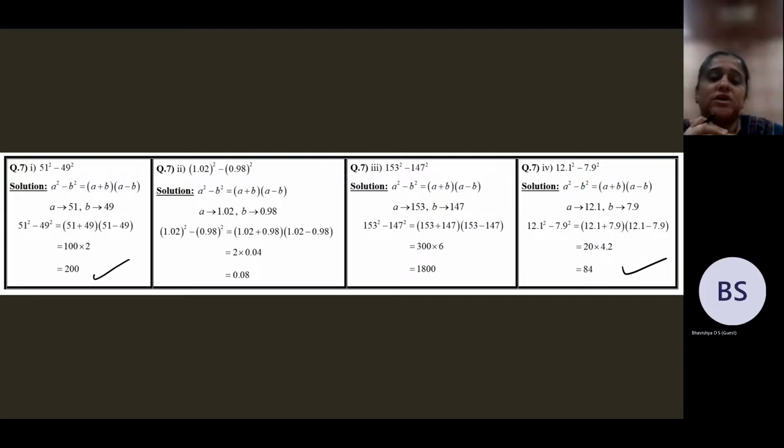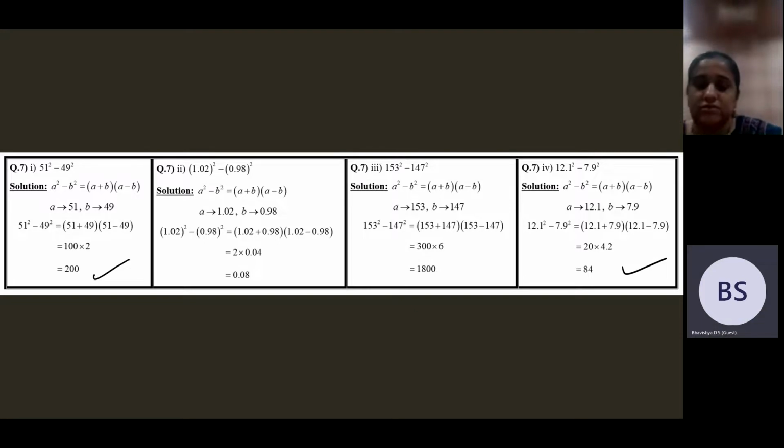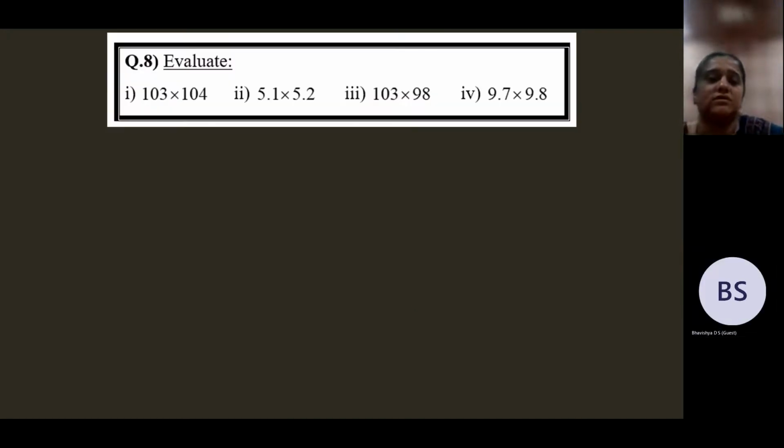Take a screenshot and you can complete 2 and 3 as homework. We did 1 and 4 now in the class. You can do 2 and 3 as homework. Yes, ma'am. All right. This is your next one. Do the first and second. Try 1 and 2.